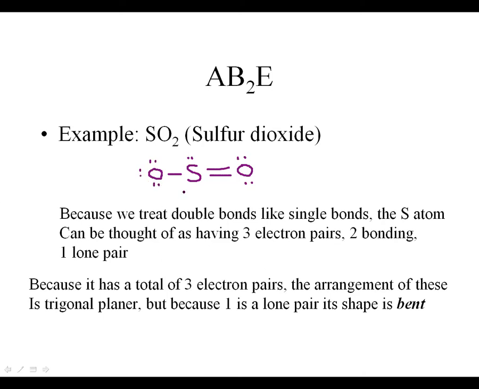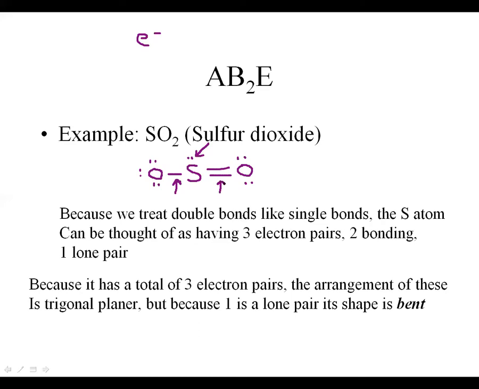If we count up how many electron pairs it has, this has one here, it has two here. When you're counting electron pairs, it doesn't matter if they're lines or dots; it's just what's around the central atom. Sulfur is the central atom here. Then the last pair of electrons is found right here.